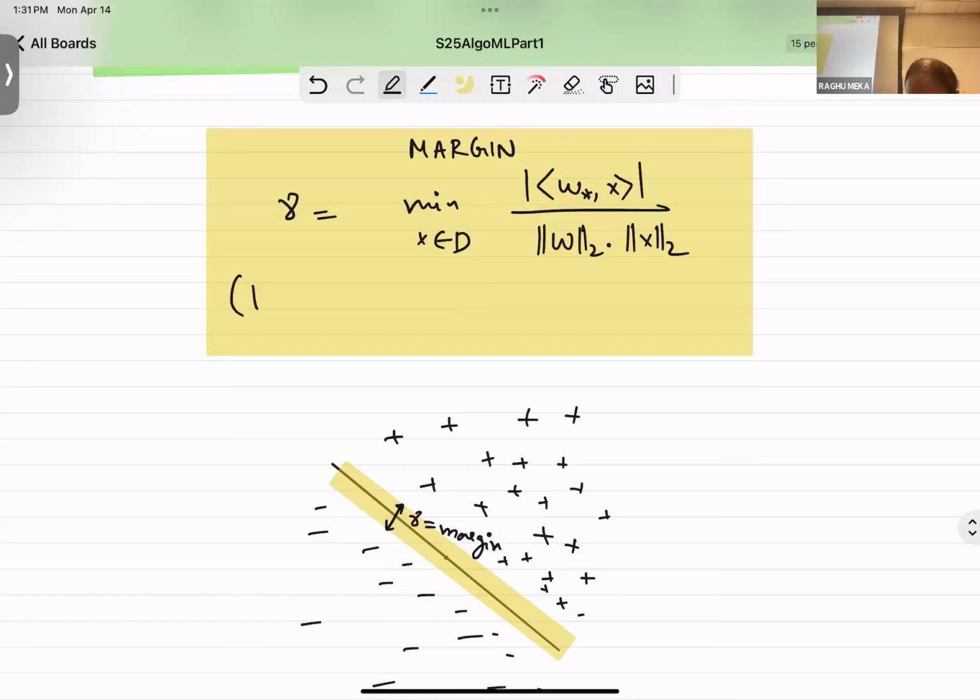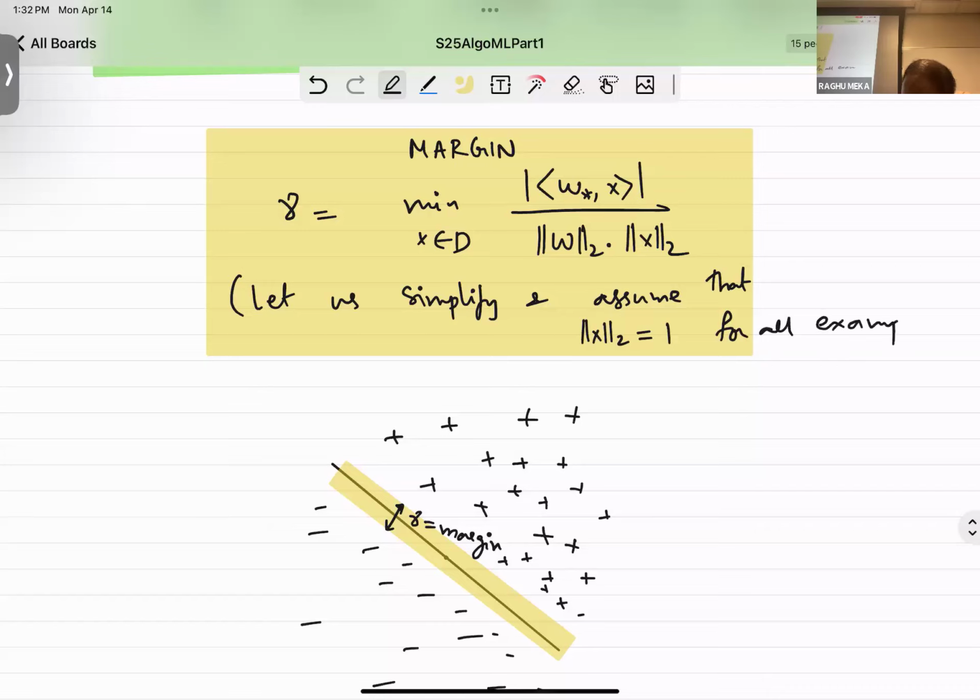So let us simplify and assume that the norm of x is 1 for all examples. Again, this is just to reduce notation. Otherwise, you just have to scale things every time. And one way to picture margin is saying nothing is very close to this dividing line. So there is always this gap from the separator.